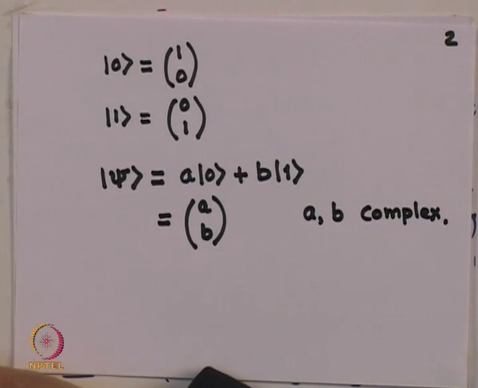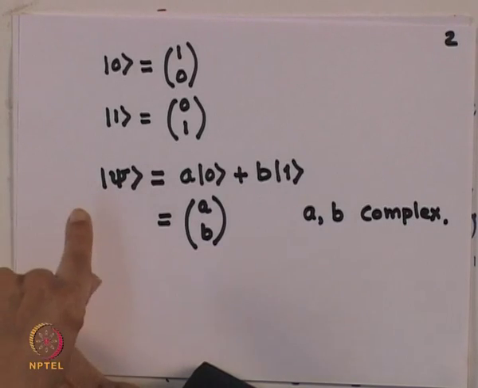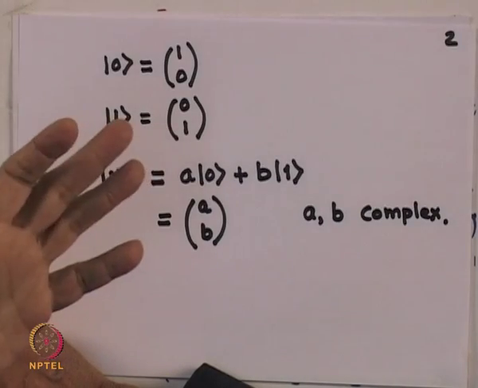Now, what is the difference between this and the corresponding classical thing, other than the fact that a quantum state can be simultaneously in a linear combination of the basic states, which are 0 and 1?